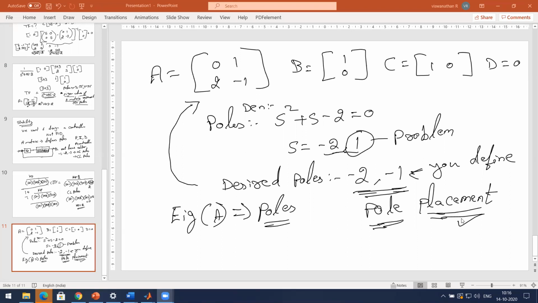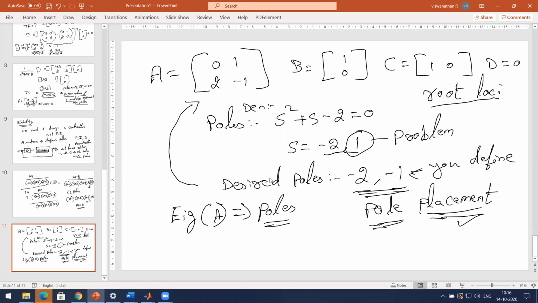The advantage compared to the root locus method is that in the root locus method, you can move the poles only along the root loci. So what is root loci?